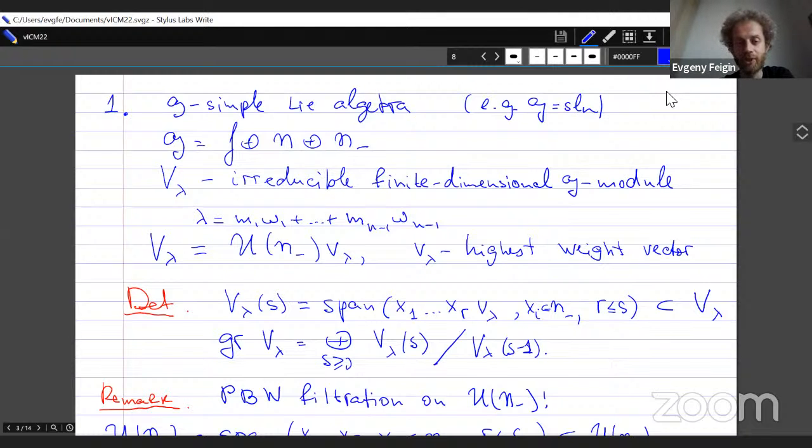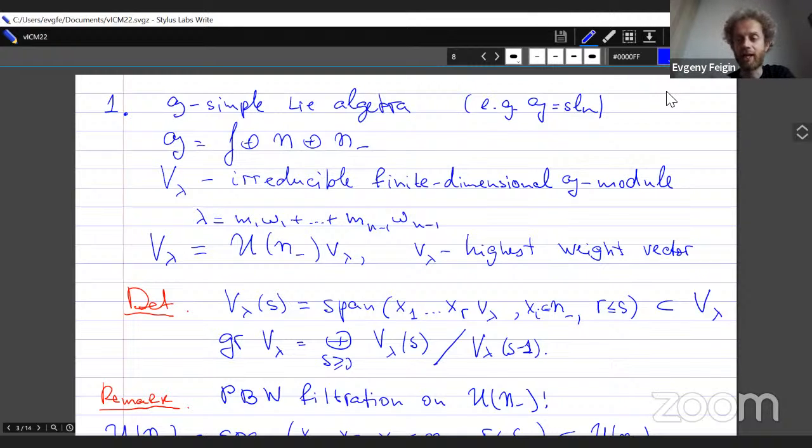What's important is that this algebra has a class of highest weight representations. Namely, let us fix the decomposition g into the direct sum of h, n, and n minus. Say for sl_n, these are diagonal, upper triangular, and lower triangular matrices. And we have irreducible highest weight modules, which are finite dimensional, V_lambda.